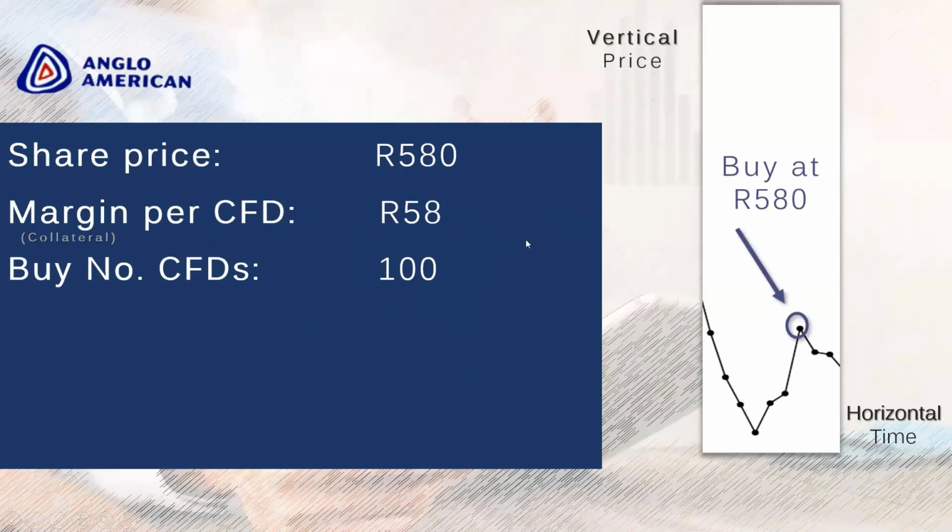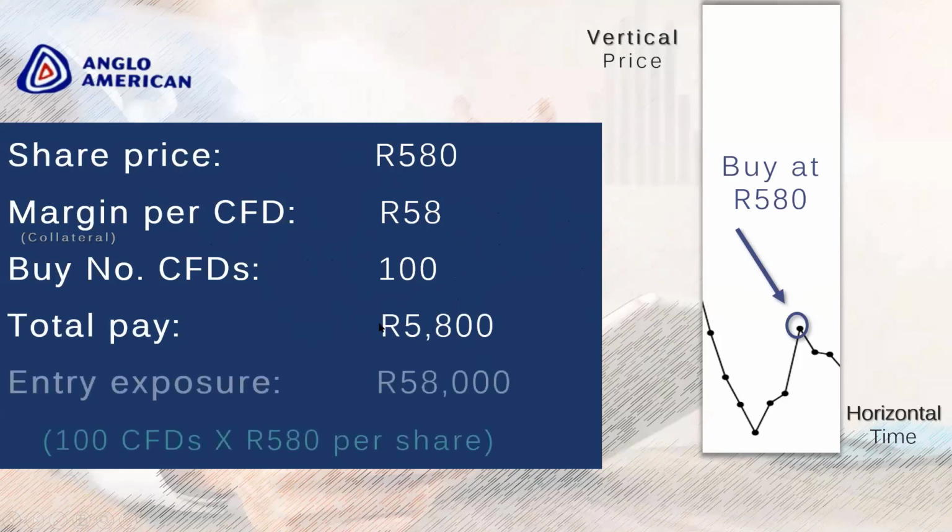So you buy it at 580 Rand. You pay 58 Rand per CFD, and you buy 100 of those, which means you pay a total of 5,800 Rand. Your entry exposure is still 58,000 Rand. Remember, your one CFD will give you exposure of one share. 100 CFDs will give you exposure of 100 shares.